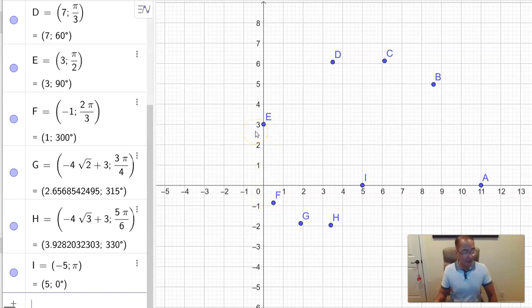Because r is 8 cosine theta plus 3, somewhere in between it has to be 0, so we have to pass through the pole somehow. And then we're going to pass through these points and then here. Okay, so at this point I'm going to stop the video and plot the rest of the 18 or whatever points we are going to plot.